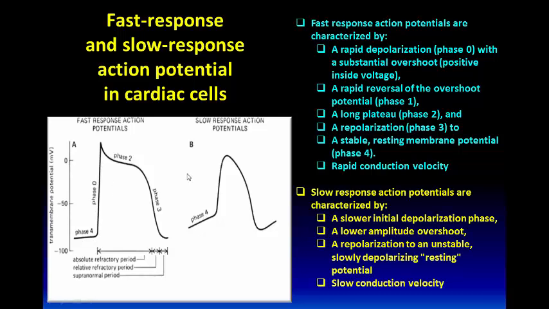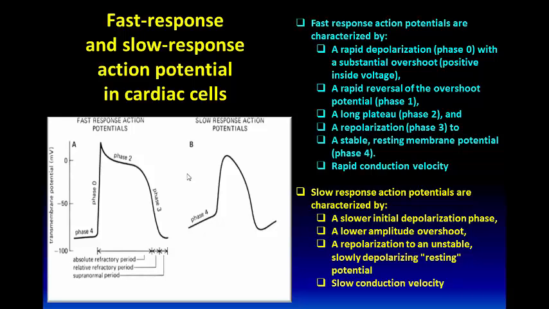In the slow action potentials, if these action potentials are recorded from the sinoatrial node, I will call them slow action potentials. If they are recorded from the AV node, I can call them slow response action potentials, because the AV node as well responds to the action potentials generated from the sinoatrial node.